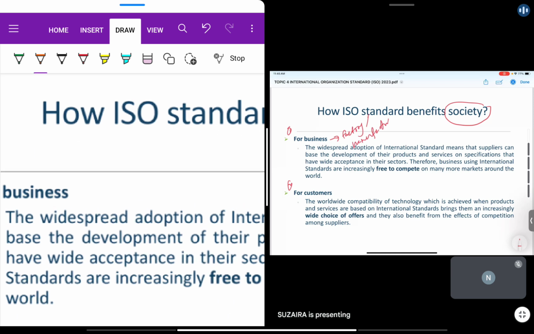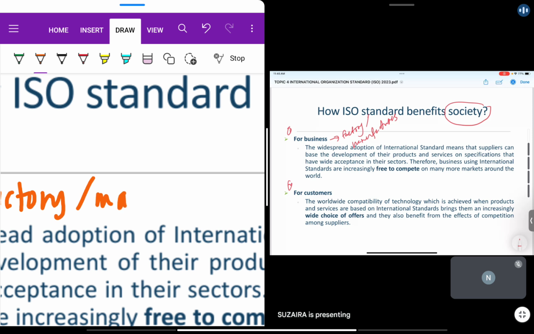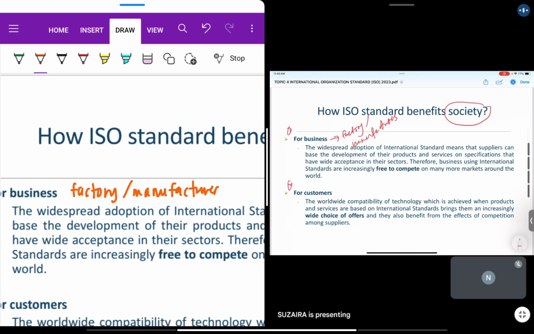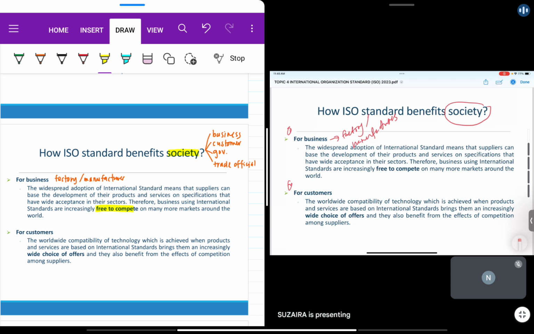Whenever you produce a product in similar commodities, like a similar product, more or less like a brand, they are actually free to compete. Of course, they have a different specification based on their particular product, but they still need to refer to a similar standard. Similar standard, different specification.